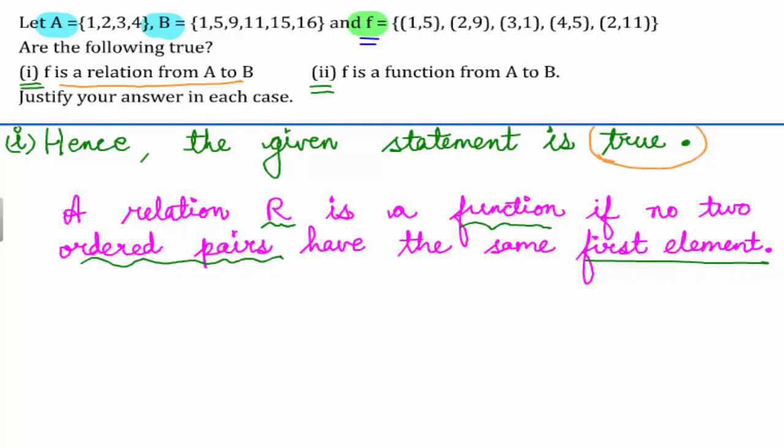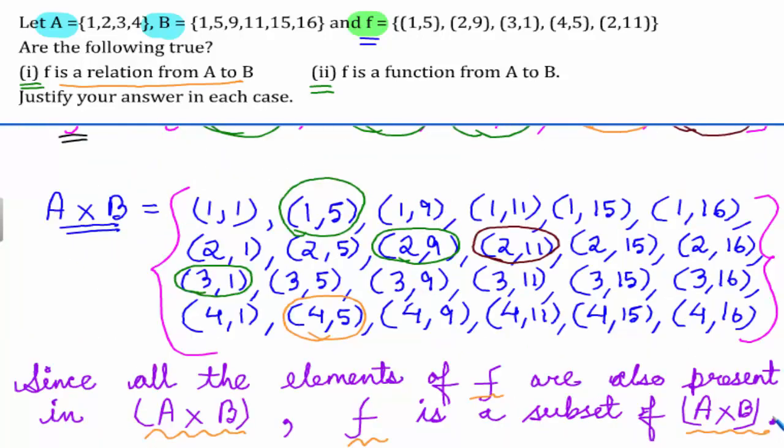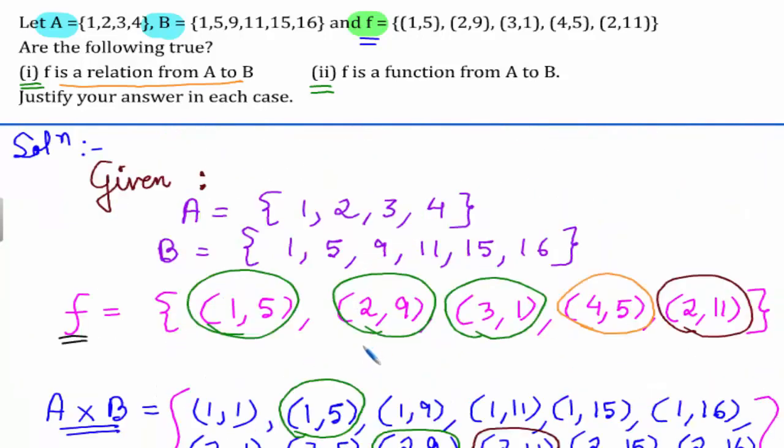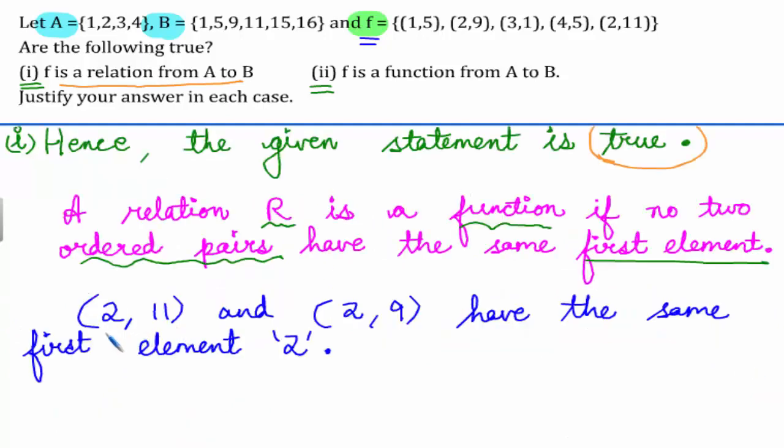So now let us observe the set of ordered pairs in F. Here you can see that (2, 9) and (2, 11) have the same first element 2. So (2, 11) and the ordered pair (2, 9) have the same first element 2.